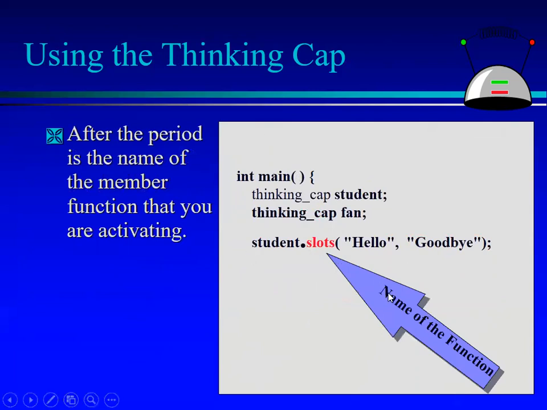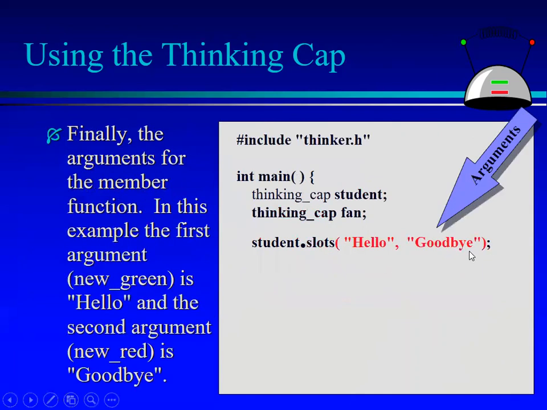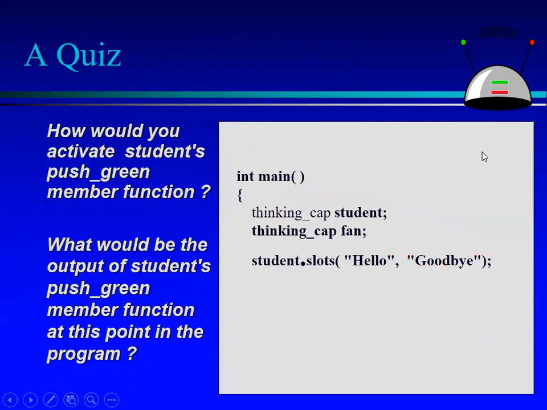In which function I have to write the data, for which function I have to supply the variables or parameters, I specify here. The contents I am specifying are called the arguments. Okay, so student is the object, the dot is a period, and slots is the name of the function defined within thinker.h, and these are the arguments.